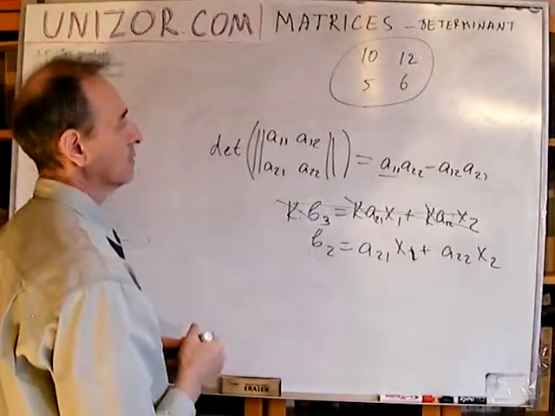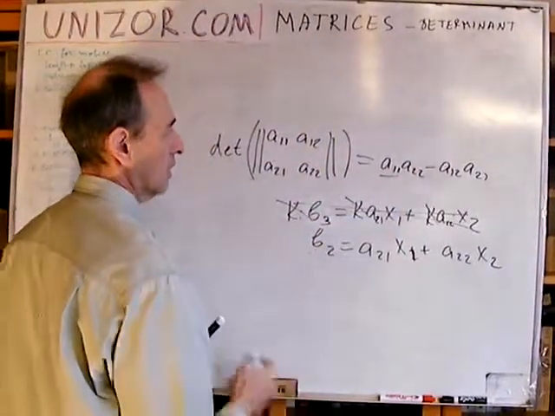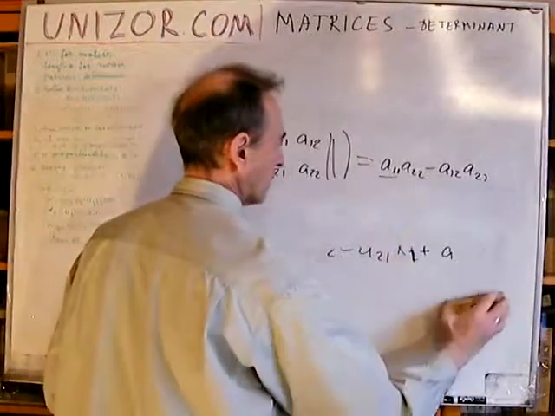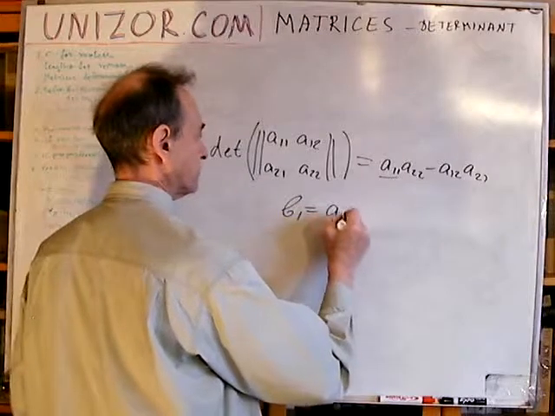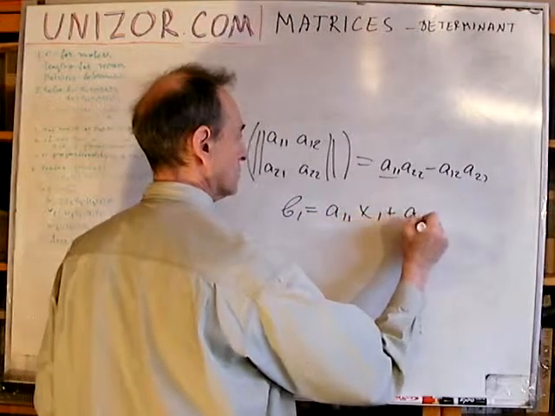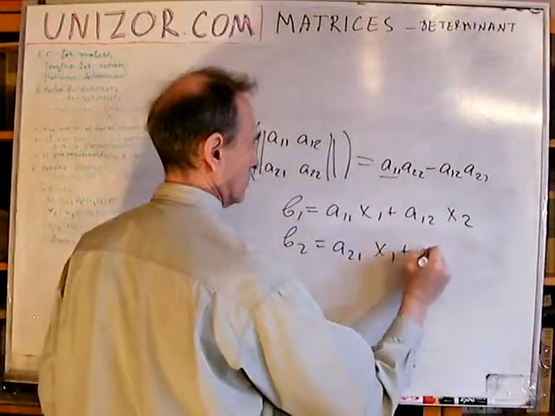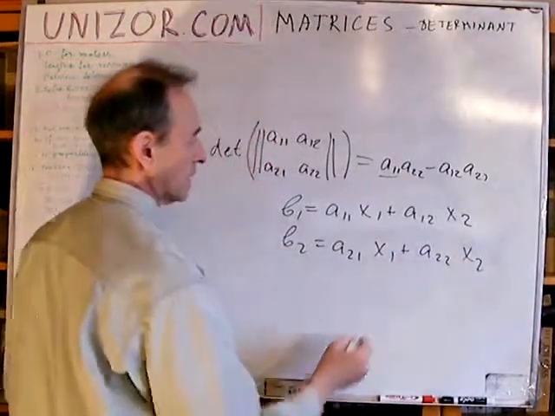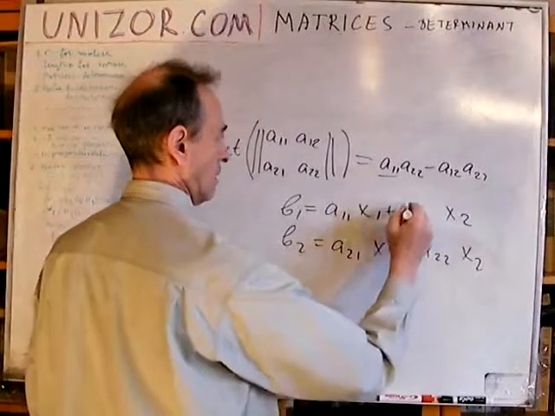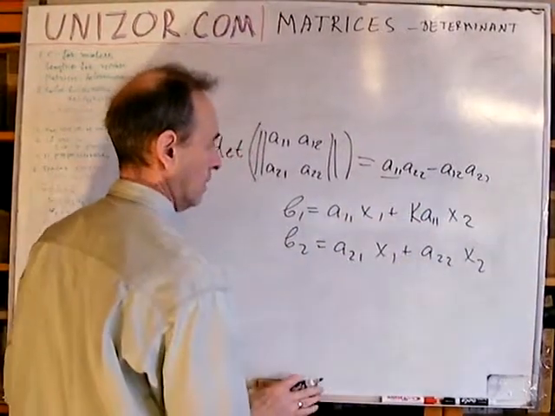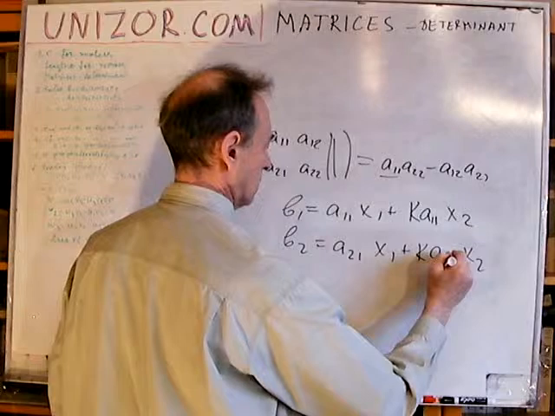Now, what if I'm talking about proportionality of the columns? Let me start from scratch. If I have a proportionality of the columns, let's say this column is proportional to this one. So this is K A11, and this is K A21.